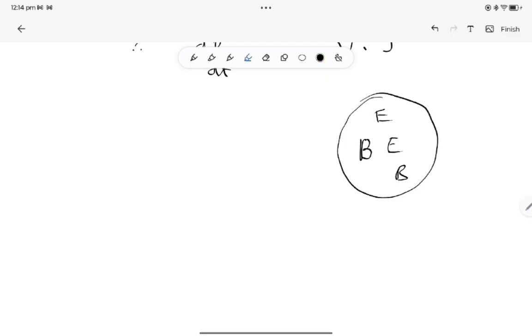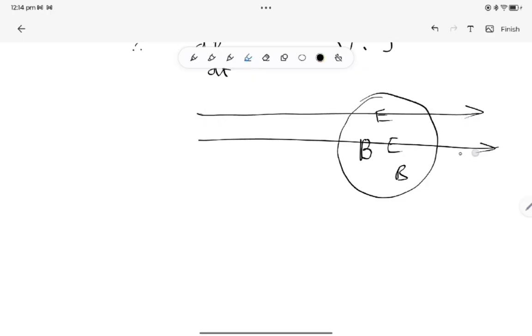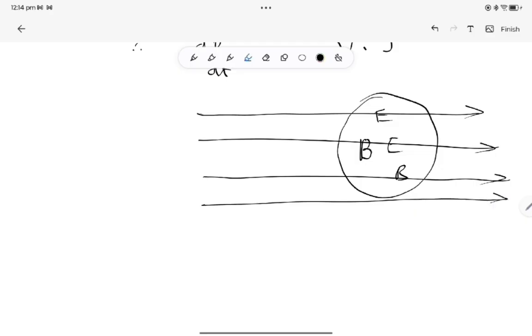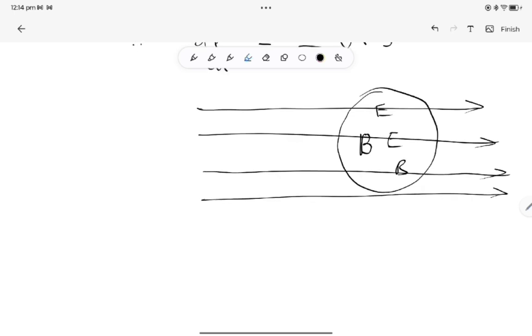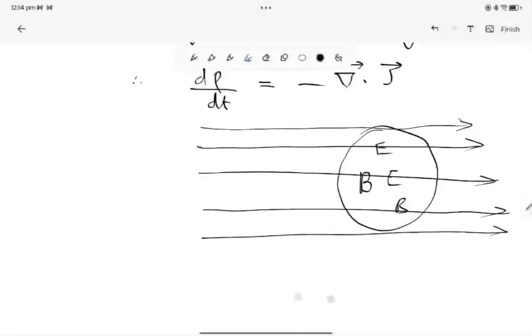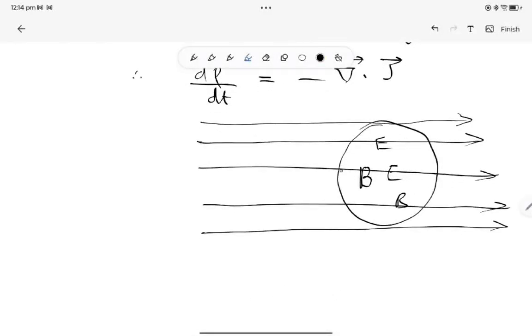Or an alternative way of thinking about them is these are electric and magnetic fields of an electromagnetic wave that is passing through this region of space, and at any instant, it fills this space with its electric and magnetic fields.